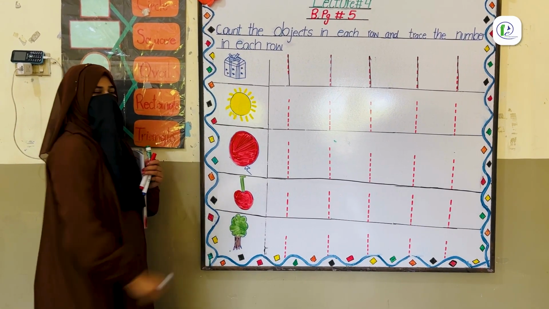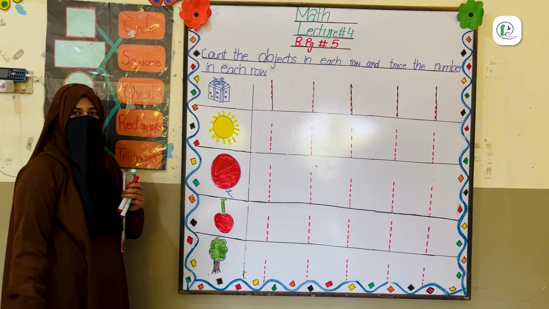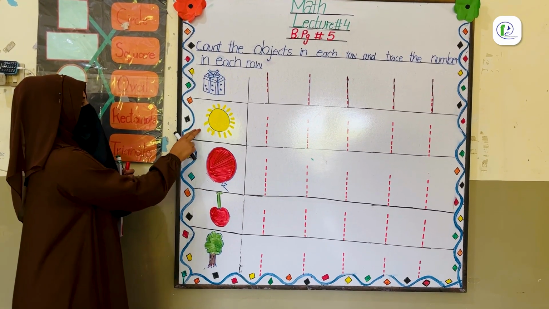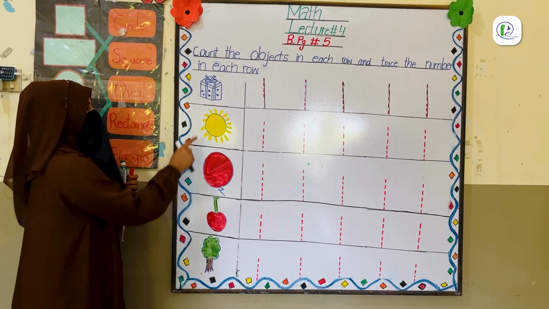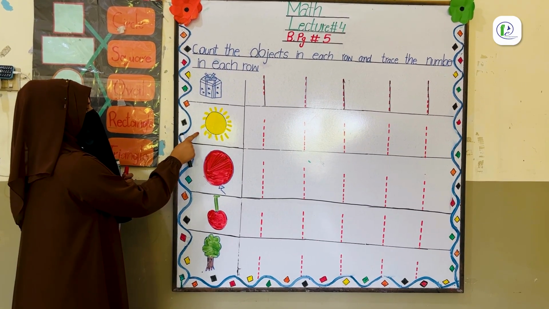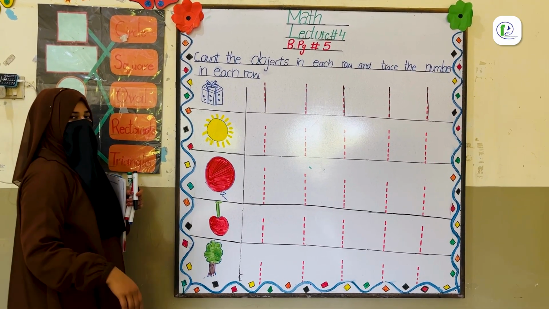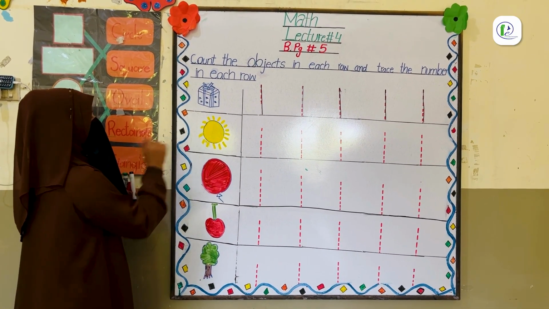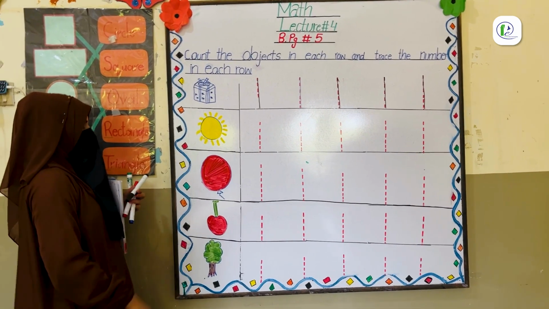What is it? Is it a circle? Yes. But what is it? It is actually a sun. How many suns are there? Count with me. It's 1.